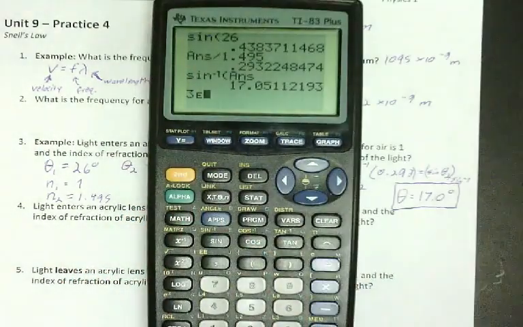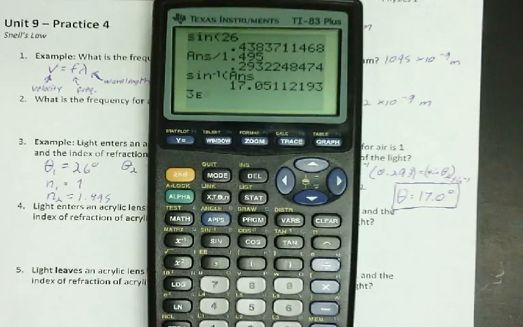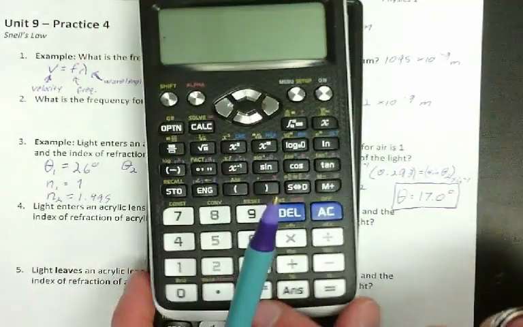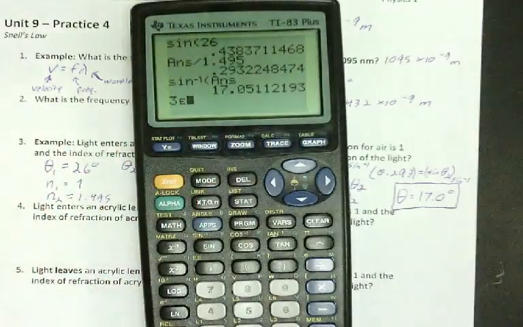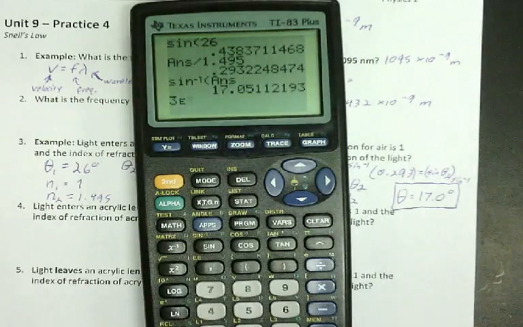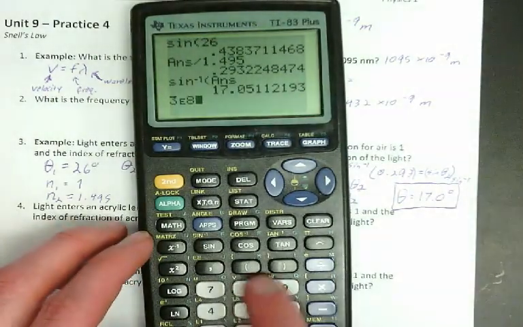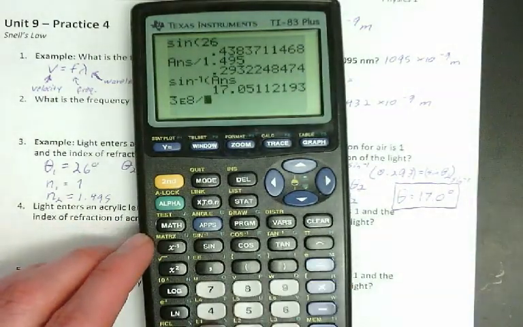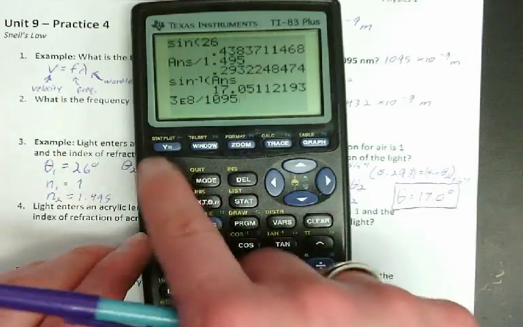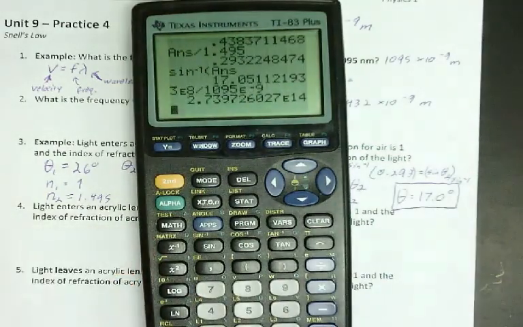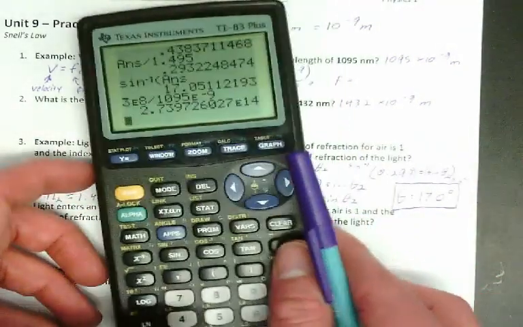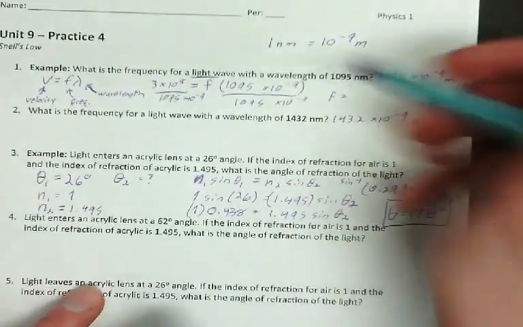Or you might have a calculator that has a times 10x. That would also be what you hit. So you use either of those, that's fine. 8 divided by 1,095, EE negative 9. There's my answer, 2.74 times 10 to the 14th.